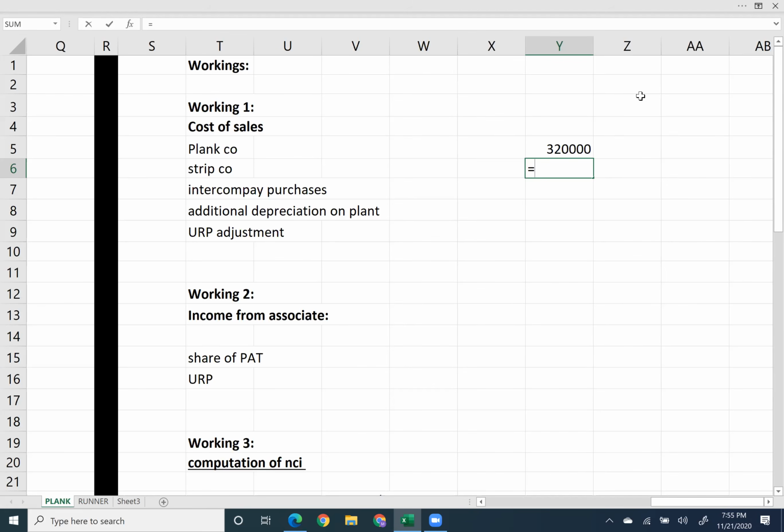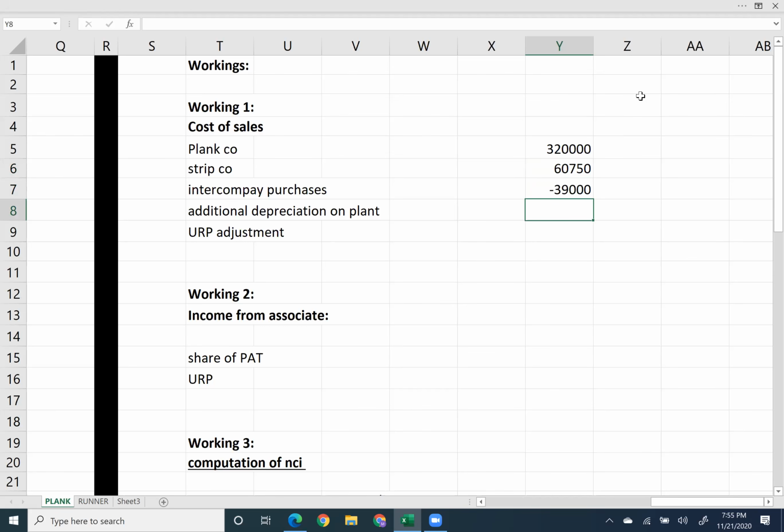That is 81,000 times 9 upon 12 or 0.75, whichever looks good to you. Then after that we have to remove intercompany purchases. You know, 39,000 we removed from sales. So obviously from cost of sales we need to remove the same amount. So 39,000.